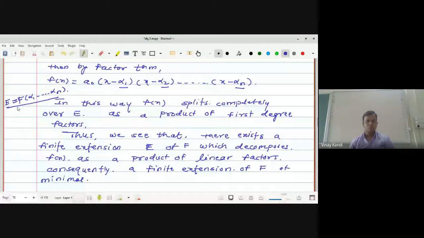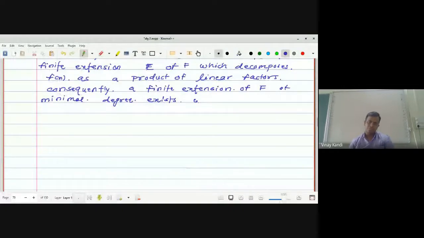So this is the finite extension of the field F. Consequently, we get the finite extension of F of minimal degree, which also possesses this property.